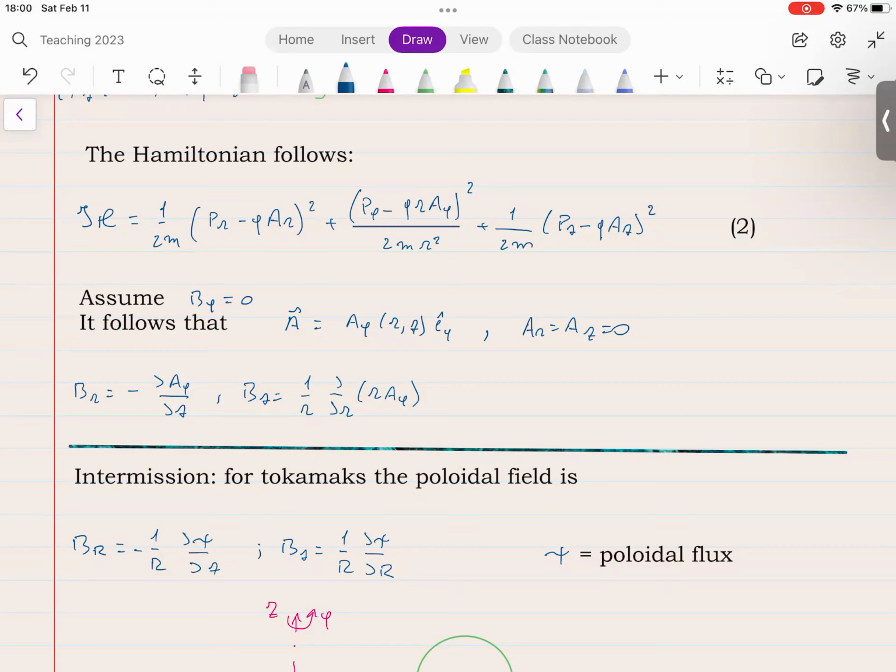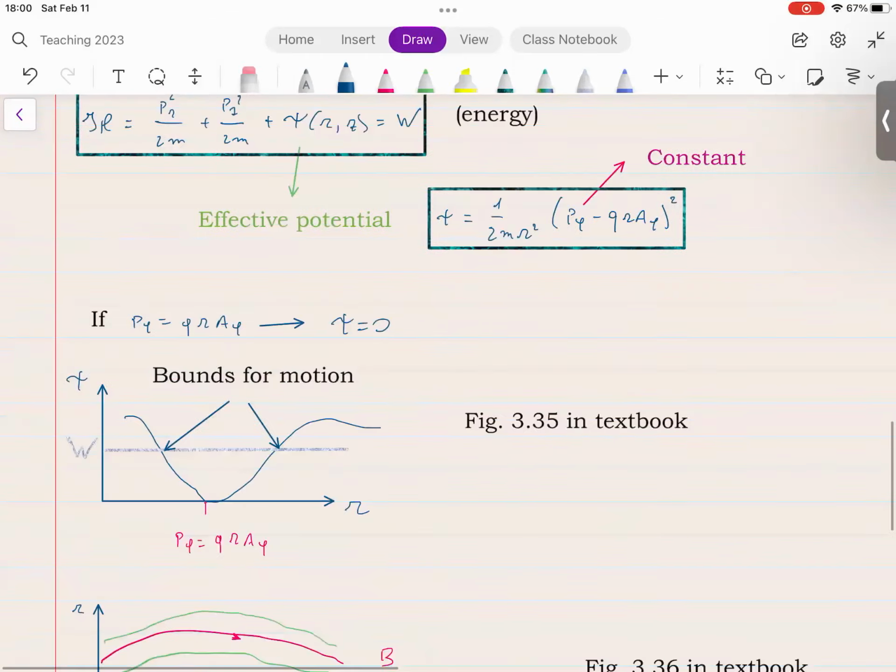And that's what I'm going to replace in my expression down here now.